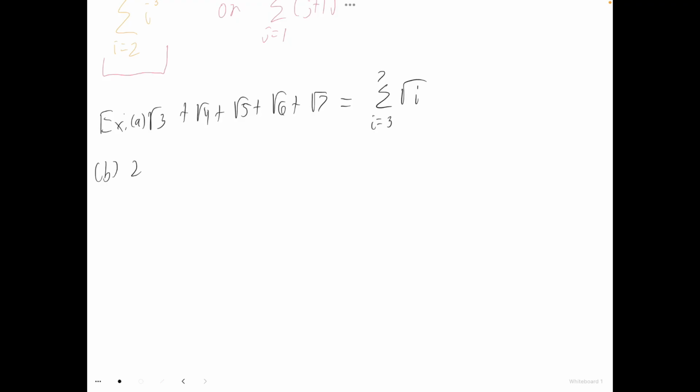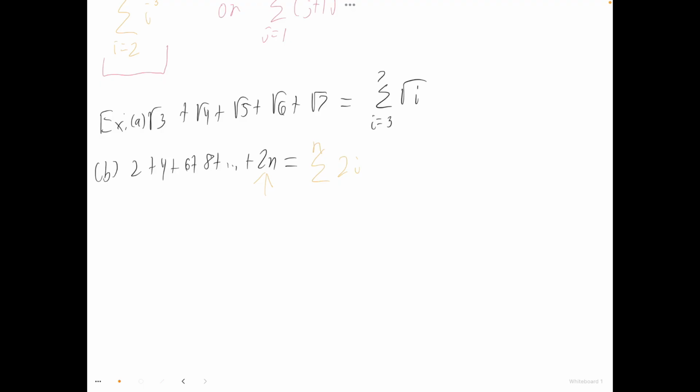Next, we could have something like 2 plus 4 plus 6 plus 8, and so on to 2 times n. Notice here that I've got the evens, so I'm doing 2 plus 4 plus 6 plus 8 up to 2n. And so here, the ending term is what's giving us the idea. If we want to end on 2 times n, and we're only adding evens, we could write this as the sum of 2 times i, which will get the evens.